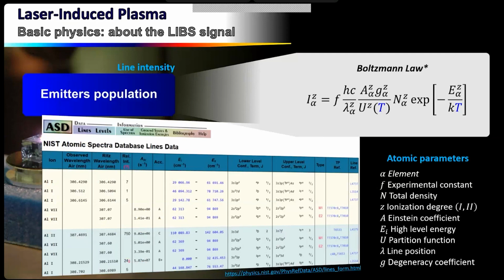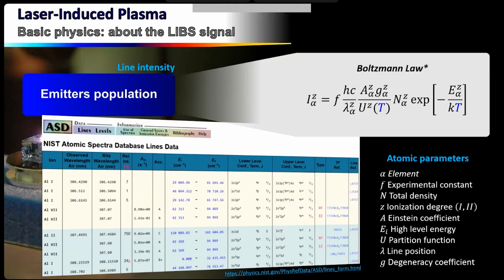So in the NIST database, you can, for example, enter the elements, the species you want to see, etc., apply some filters, and you will have a table. So here, this is a very small table showing some lines of aluminum in a very reduced spectral range, around 300 nanometers.